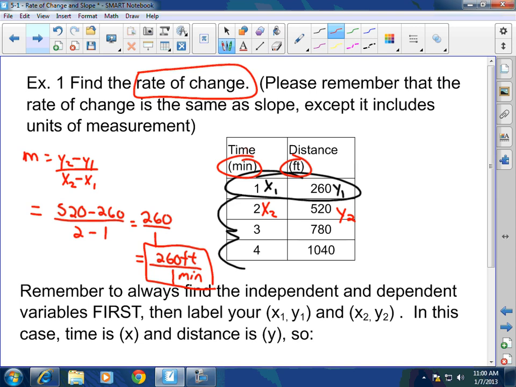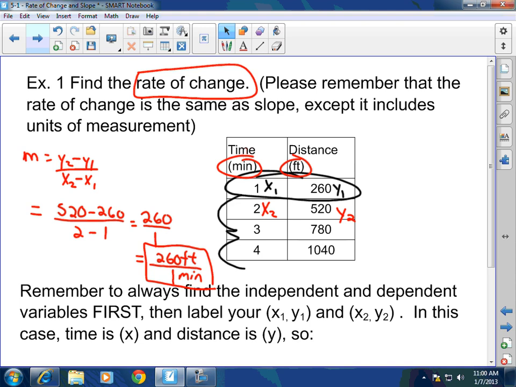Okay. Now, it says, remember to always find the independent and dependent variables first. Then label your x1 and y1, and then your x2 and y2. In this case, time is x, and distance is y. Time, as we know, is always independent.